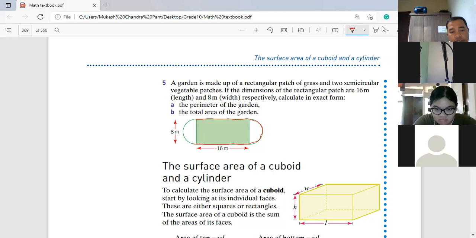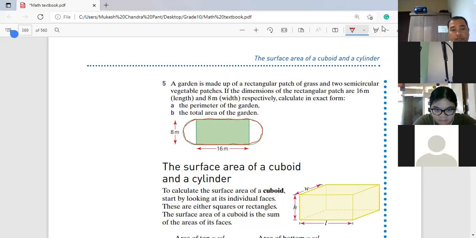This red one is the perimeter. So this is 16, and this will also be 16. Only this thing we need to find out, the circumference.